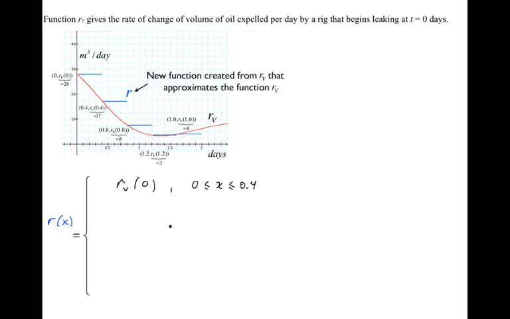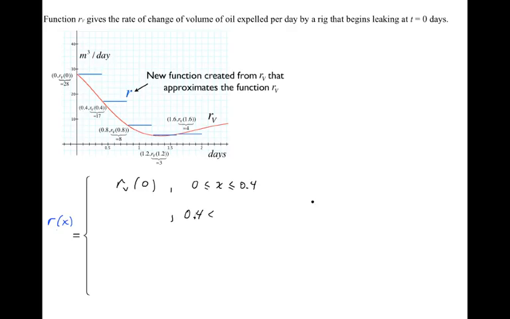Next one is between 0.4 and 0.8. Now this is going to seem a little bit weird, but you'll see why we do it later. Although we're using the rate at 0.4 to be the constant rate for that interval, we're not going to assign it until just after 0.4.